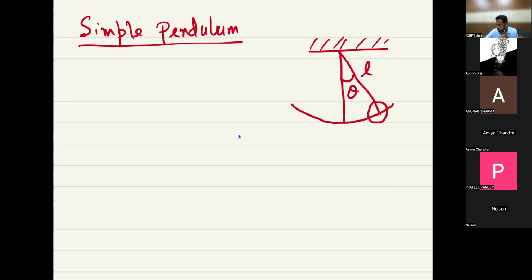Now, how do we set up the Lagrangian in this case? Can you tell what we have to do? Any guess what we have to do?